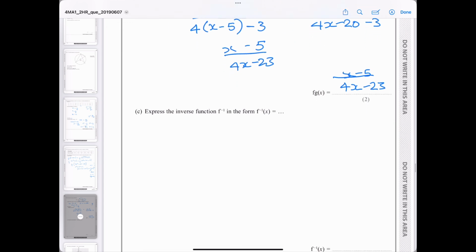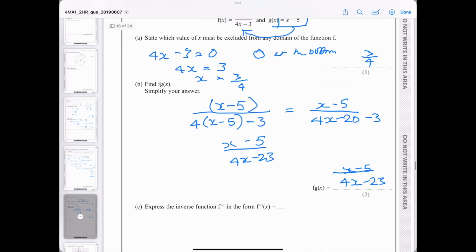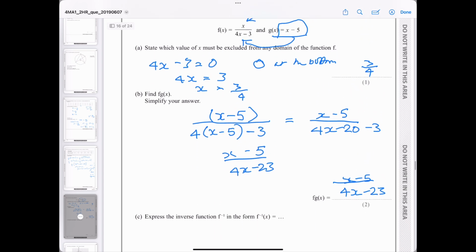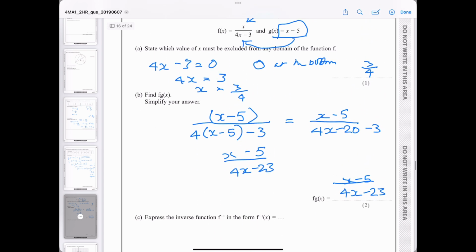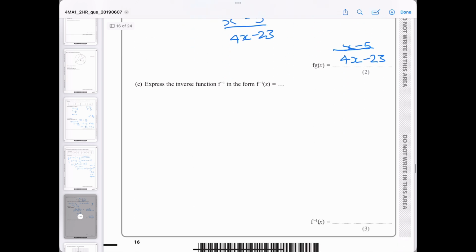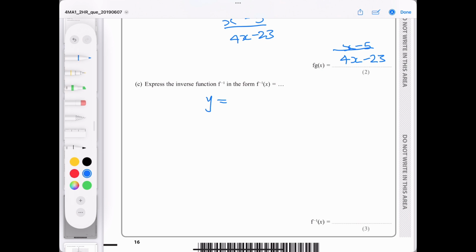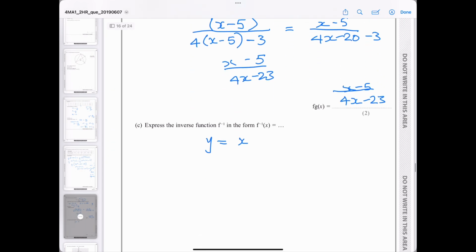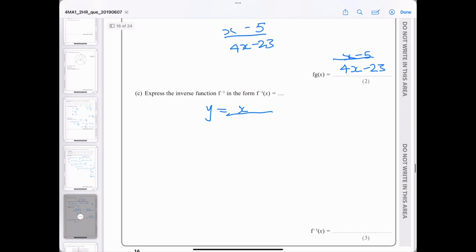Express the inverse function f to the minus 1 in the form f to the minus 1 of x. This one's going to be a bit tricky. To do the inverse function, we make f of x equal y, so y equals x over 4x minus 3.